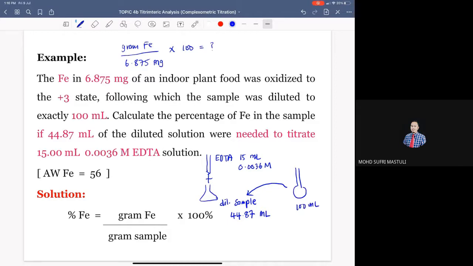In this 100 ml of solution, we added 6.875 milligram of sample, as I mentioned here, and then diluted into 100 ml. From the diluted solution, we take out 44.87 milliliter, titrated with the EDTA.